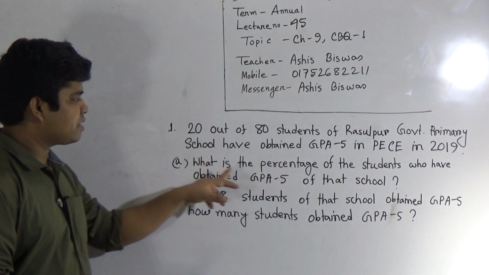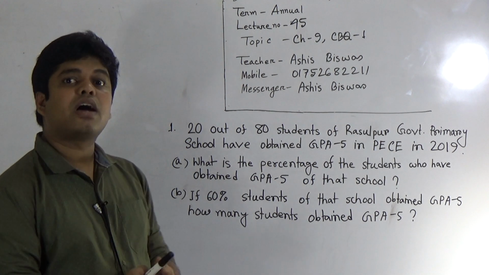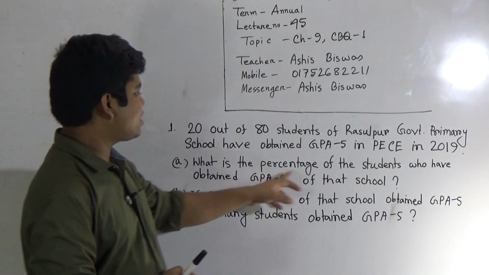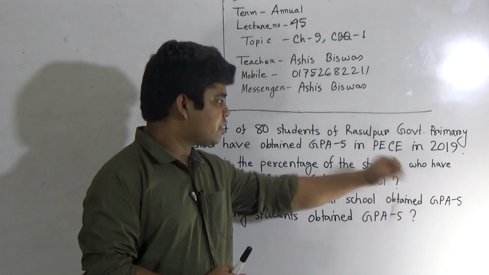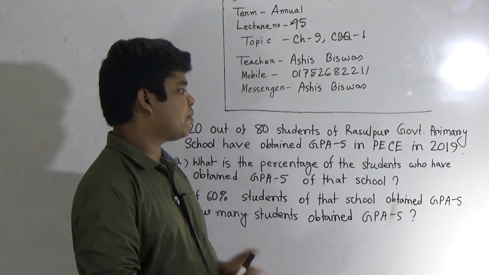Question number A, what is the percentage? Percentage means out of 100 what? What is the percentage of the students who have obtained GPA 5 of that school?